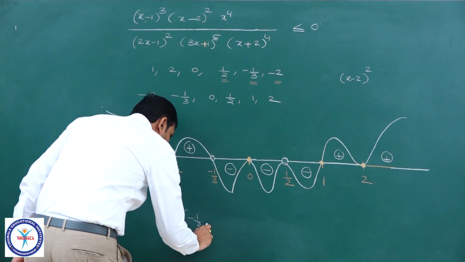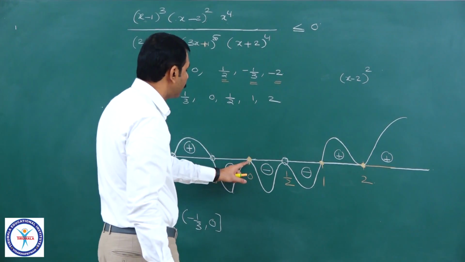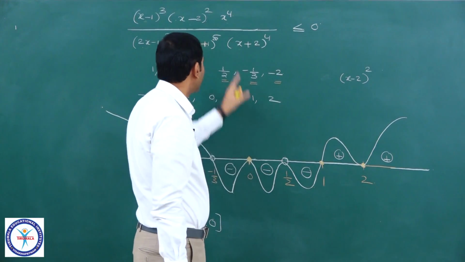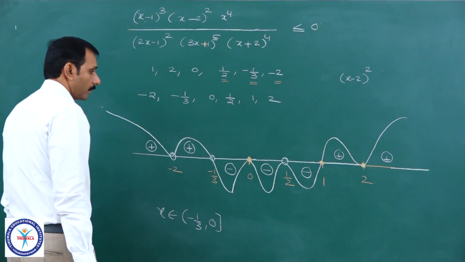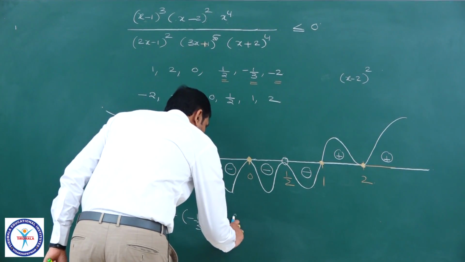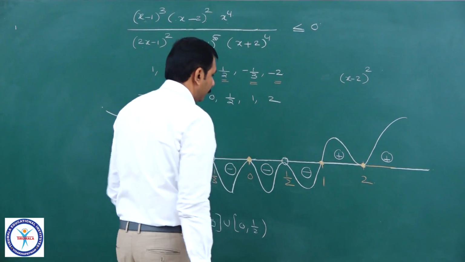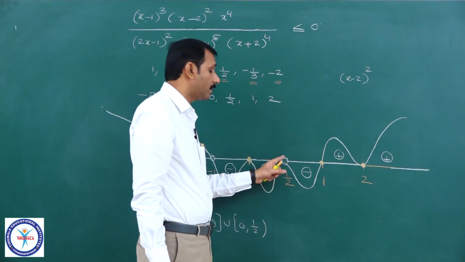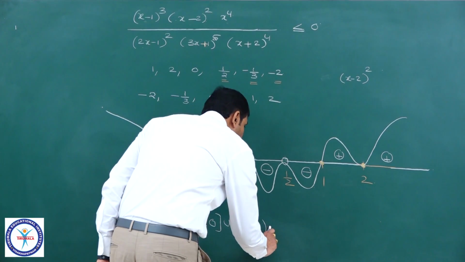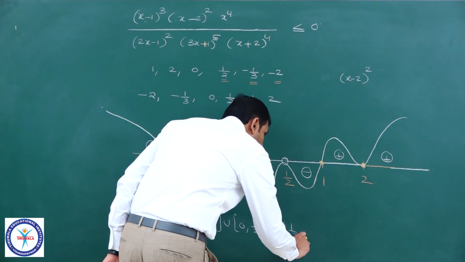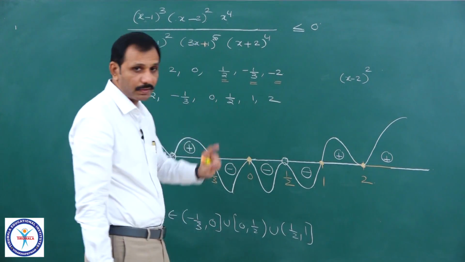Open minus 1 by 3 comma 0 should be included, because it is the 0 of the numerator. If you take it equal to 0, 0 you will get, that is a solution only. Union closed 0 to 1 by 2, 1 by 2 should be open. Why? Because 1 by 2 is a 0 of the denominator, a point of discontinuity. Union open 1 by 2 comma 1 closed, because if you put 1 it will be equal to 0 only.